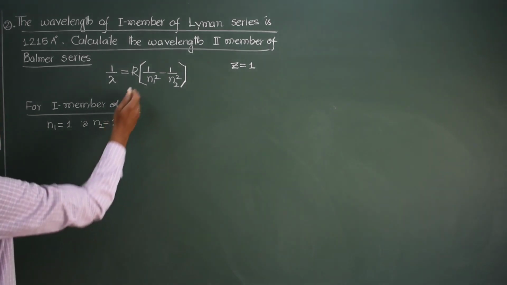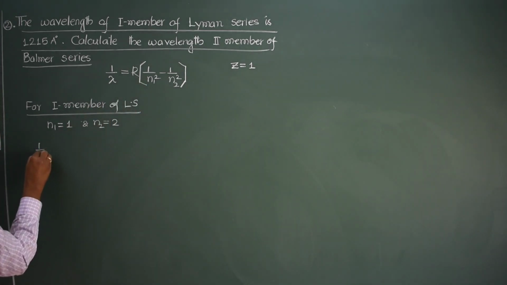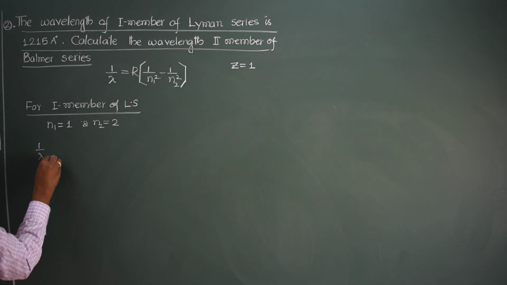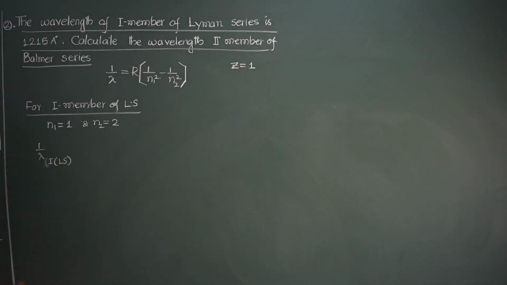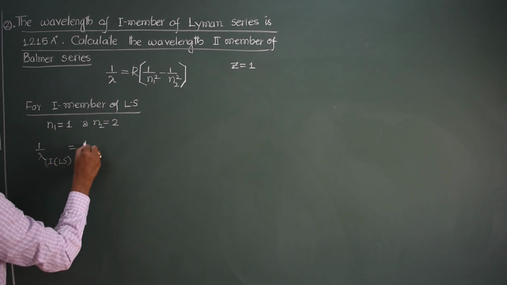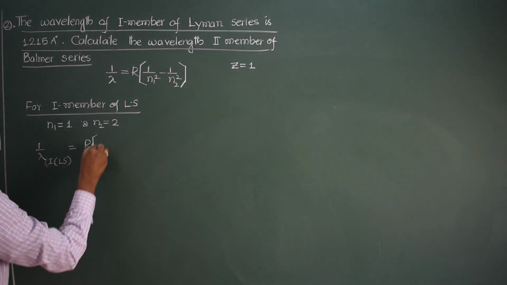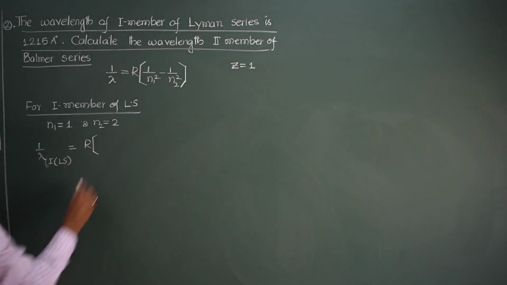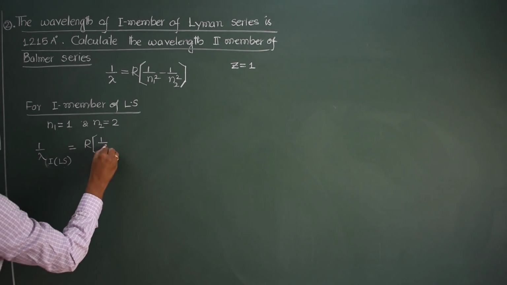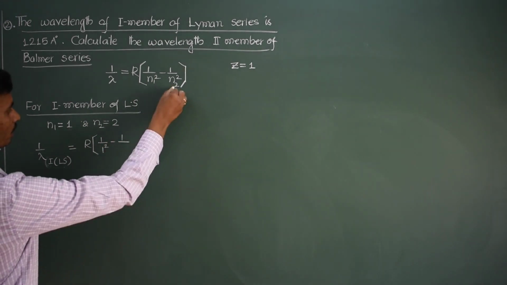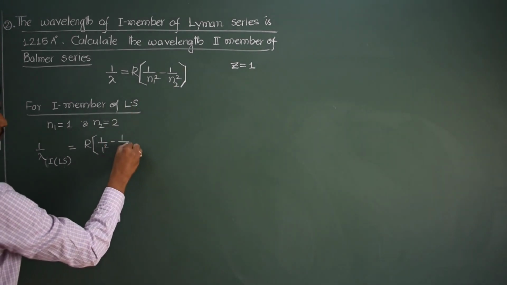So putting these values back in our expression, we get 1 by lambda of the first member of the Lyman series. You see the way I am denoting this, it is easy for us to write it like this. 1 by lambda first member of Lyman series is equal to, keep R till the last but one step, R into 1 by n1 which takes the value of 1, so 1 square, minus 1 by n2 which takes the value of 2, therefore 2 square.